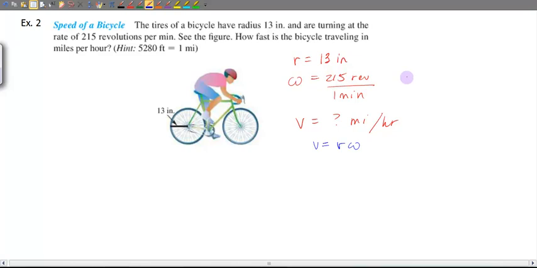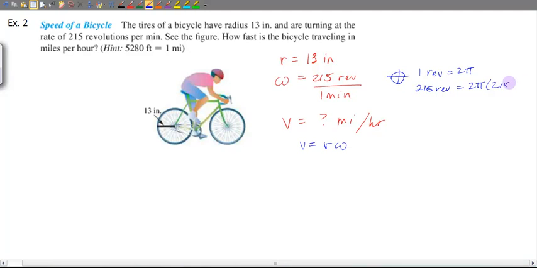So in my head, I need to start thinking, okay, if one revolution around a circle is 2 pi, then 215 revolutions would be 2 pi times 215. In other words, when I'm given an angular speed in revolutions, I'm just going to multiply that number by 2 pi.